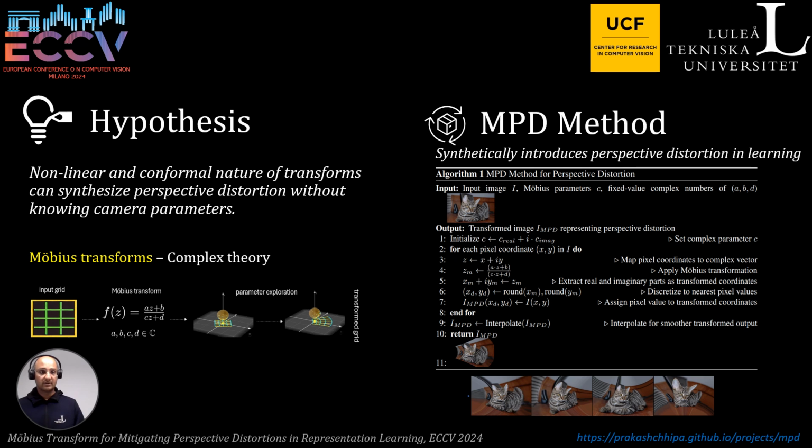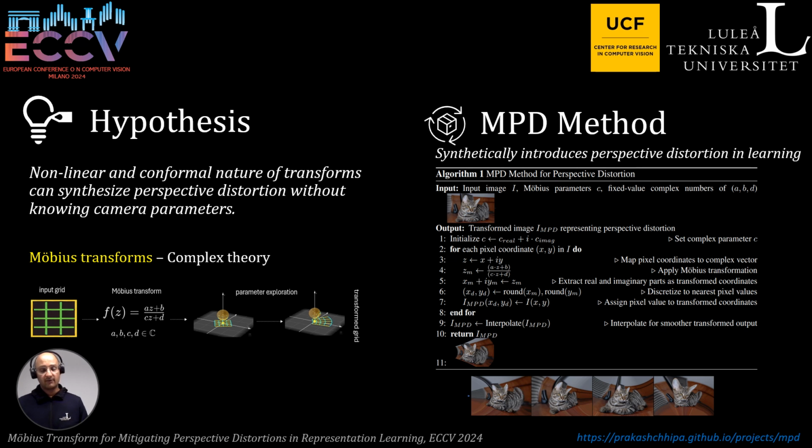Taking this Möbius transformation to our computer vision methods, we call it the mitigating perspective distortion method. The core part of the method is where we take the images, translate these images from pixel to complex space, and in a controlled manner apply the Möbius transformation by controlling the transformation characteristics through their complex parameter components, and after the transformation take the transformed image back to the pixel level.